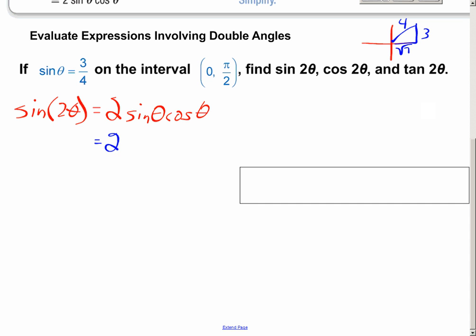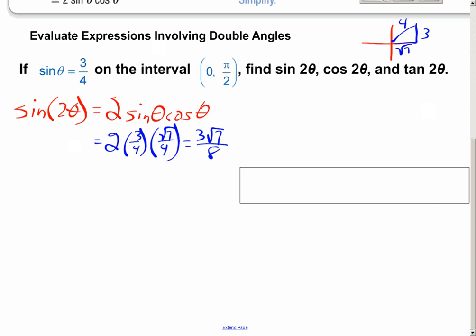So we have 2 times the sine of theta, which is 3/4, times the cosine of theta from our triangle. We get that is the square root of 7/4. And just a little arithmetic to simplify that. We have 3 square root of 7/8.